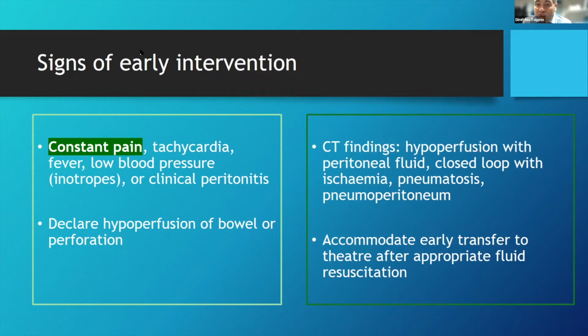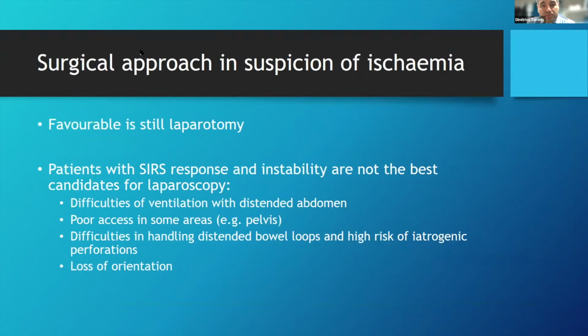Most of the time, the CT findings will show us hypoperfusion with fluid around the hypoperfused bowel, or closed loop obstruction with ischemia, pneumatosis, and even pneumoperitoneum in case of perforation of the bowel. On these occasions, I think we need to take the patient early to theater, because the possibility of ischemia or hypoperfusion is almost sure.